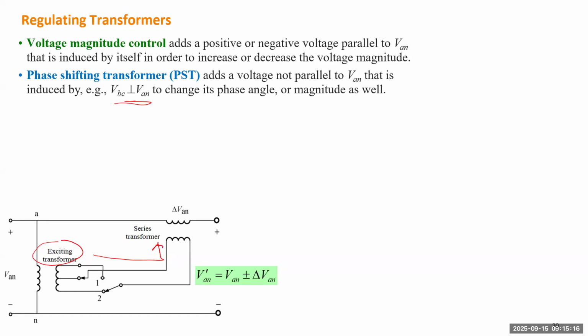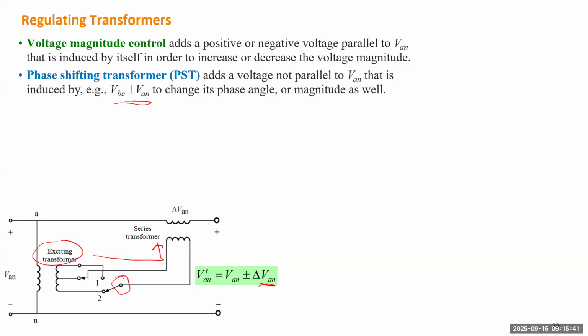The series transformer will influence the voltage on the lines. So if those two are equal, that will add this voltage to the original phase. If that's opposite, that will cancel the original voltage a little bit. So we'll either increase or decrease, depending on this switch.